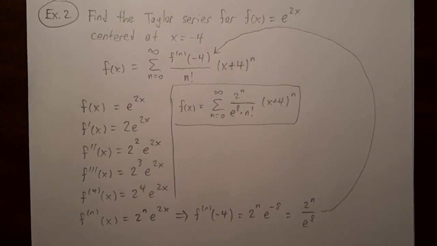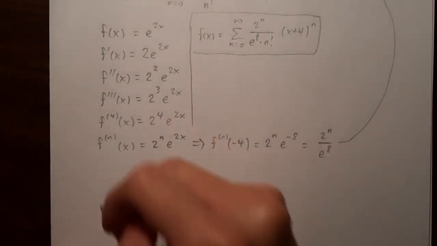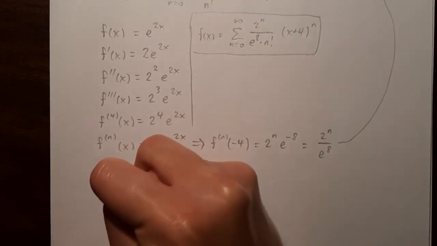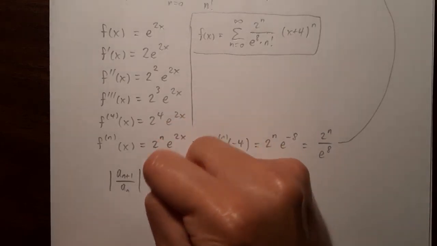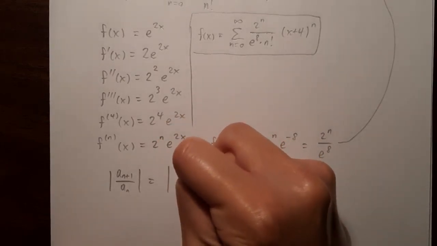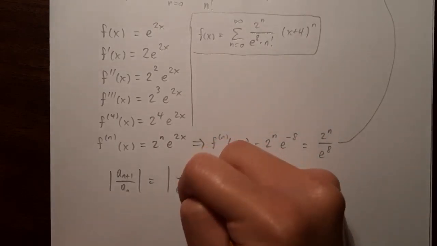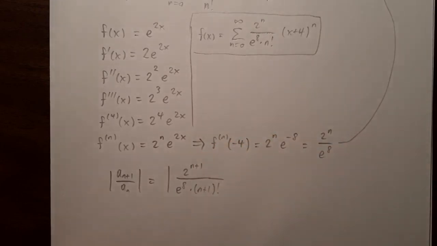All right, very good. So what about the radius of convergence? We can use the ratio test again to figure that out. If I take the absolute value of a sub n plus 1 divided by a sub n, what is that going to be in this case? We'll have the absolute value of 2 to the n plus 1 divided by e to the 8 times (n plus 1) factorial.